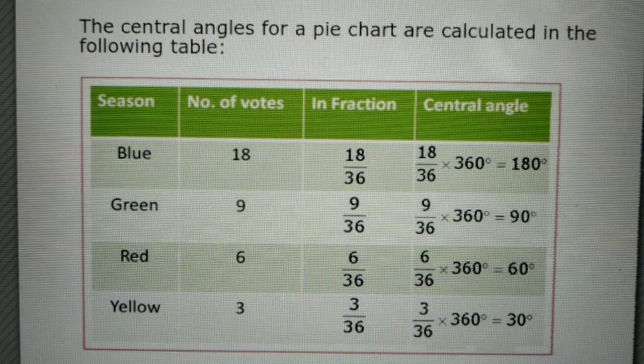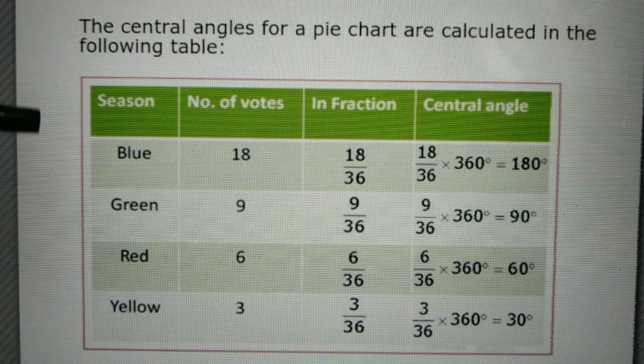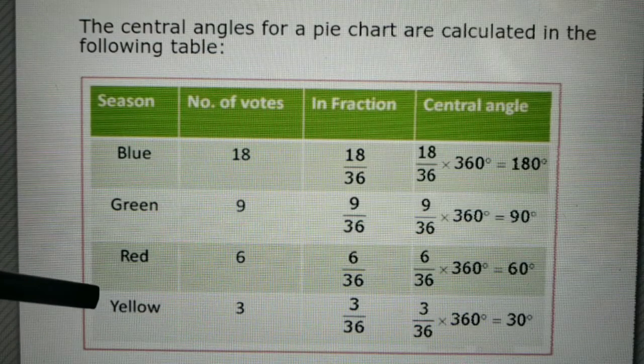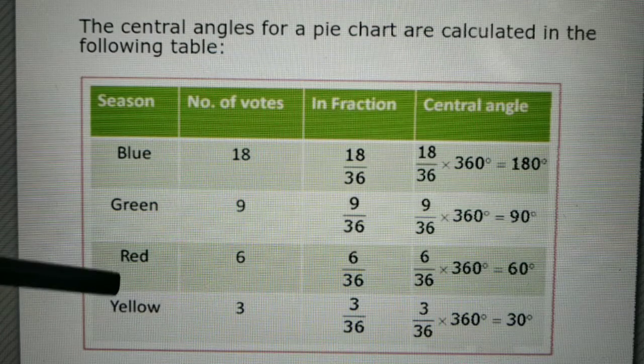So, students, let us start by making a table related to the pie chart. The central angles for a pie chart are calculated by the following table. Understand the table. The first column is written with the given colors: blue, green, red, yellow.